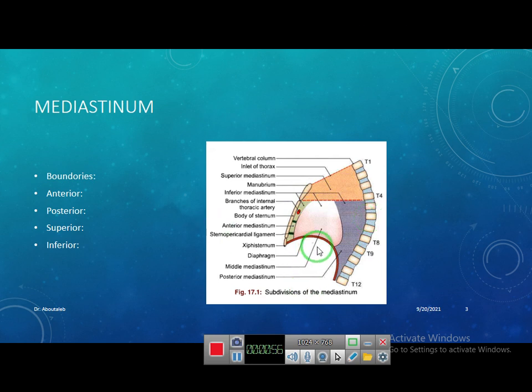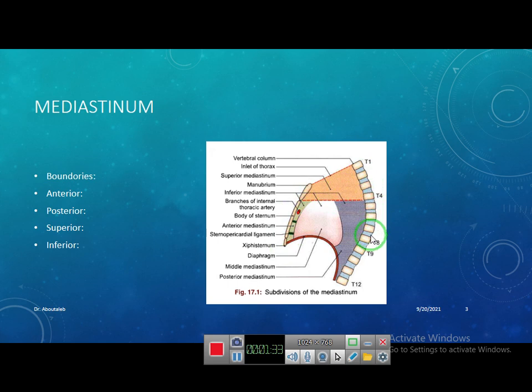As you can see in these pictures, the space between the sternum, vertebral column, and diaphragm and inlets of thorax is a space called the mediastinum as a whole. So the boundaries of the mediastinum: anteriorly it is limited by the sternum, manubrium, body and xiphoid process.